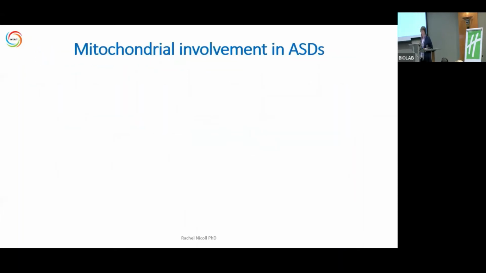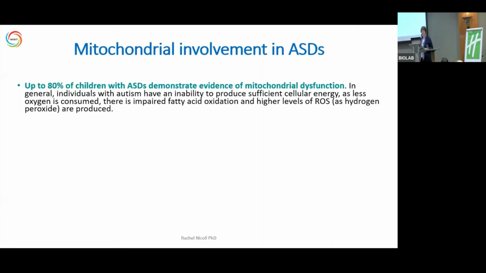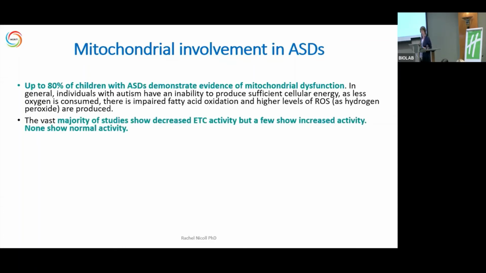There is obviously mitochondrial involvement in ASDs. Up to 80% of children with autism spectrum disorders demonstrate evidence of mitochondrial dysfunction. The vast majority of studies show decreased electron transport chain activity, but some show increased activity. The important thing is it's not normal. It's overactive or it's underactive, but it's not normal.